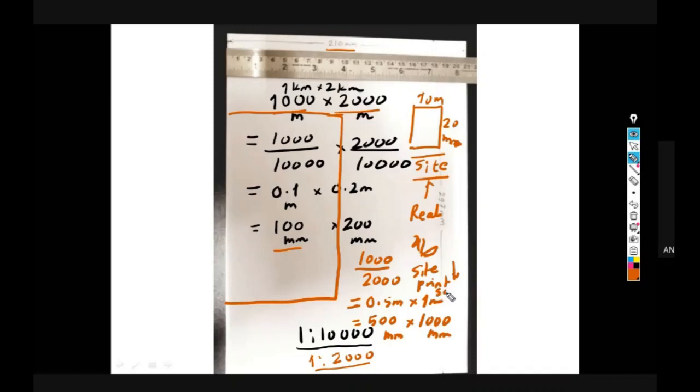So there is a print scale, which converts the total site dimensions onto the paper, right? By hand, how we do that we studied now. But AutoCAD doesn't understand, so we should give the scale to AutoCAD so that we can print on paper at this reduced scale. So this is the purpose of AutoCAD, how we do it by hand drawings and how we do it by AutoCAD. Now let's move ahead.